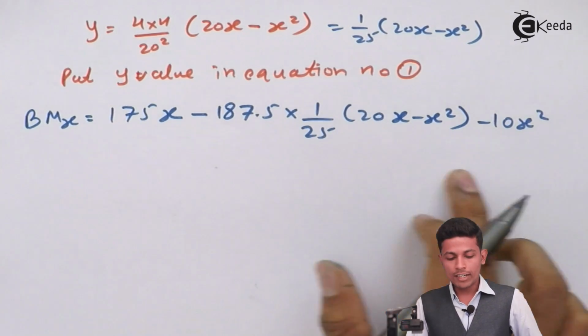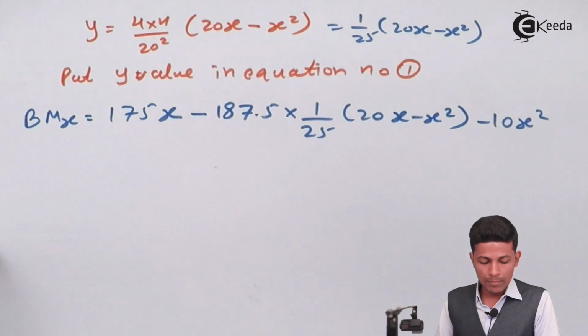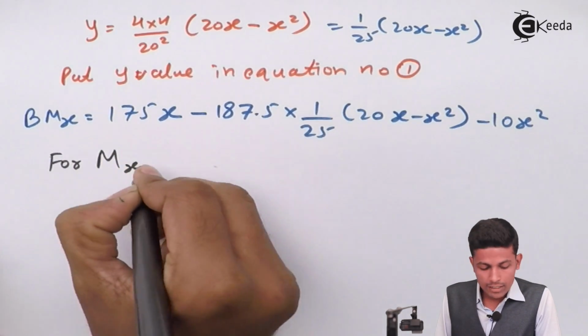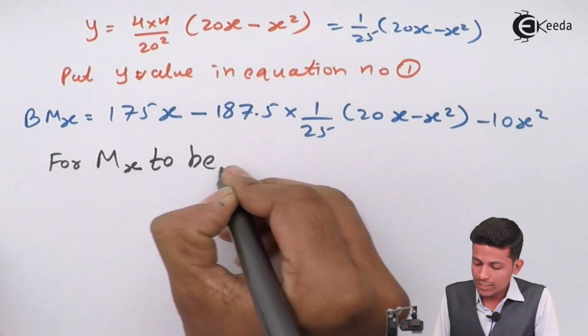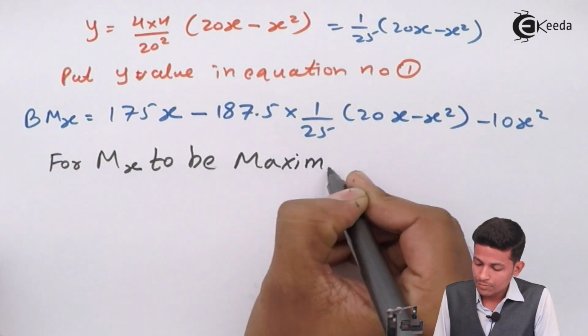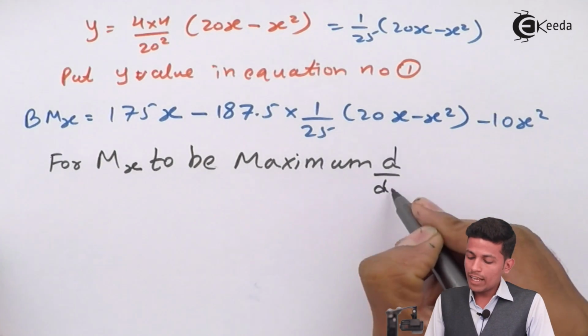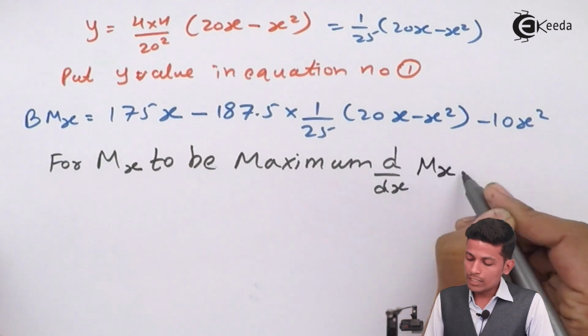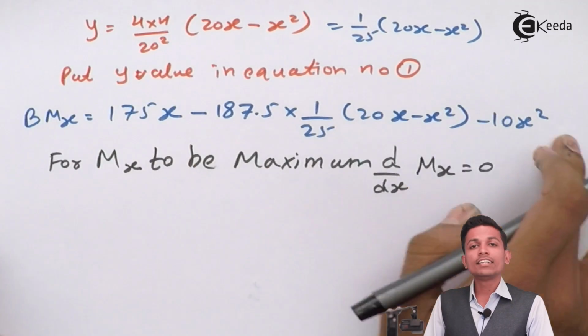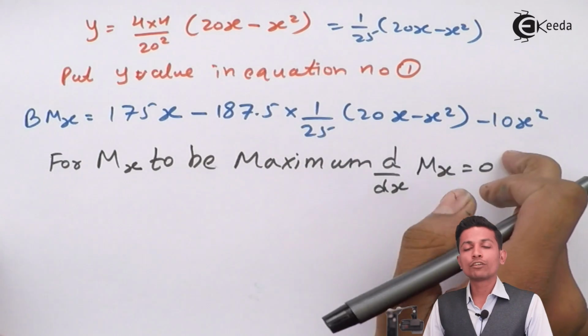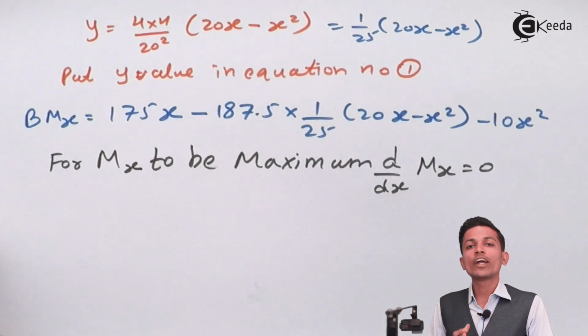Now one main part: for Mx to be maximum, d by dx of Mx is equal to 0. We have to take the derivative of this and equate it to 0, because all the values come in terms of x, so we get the value of x.